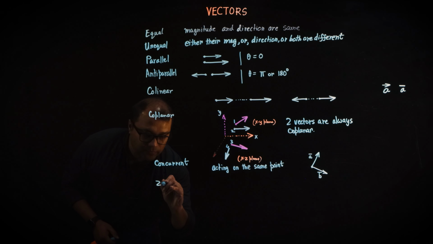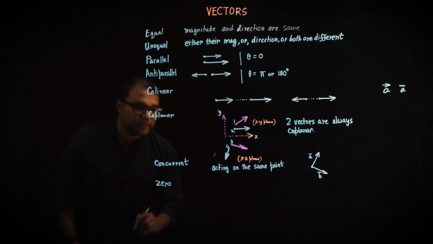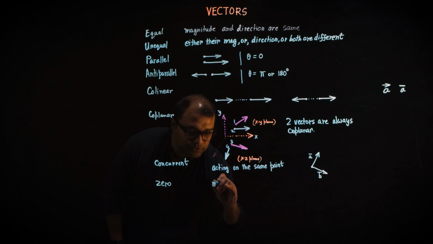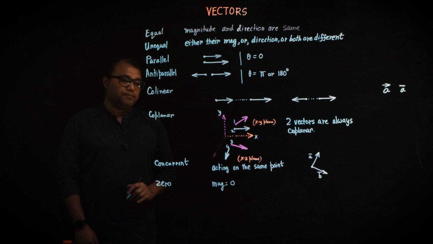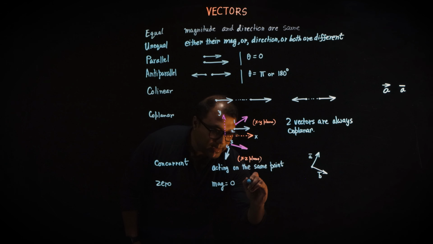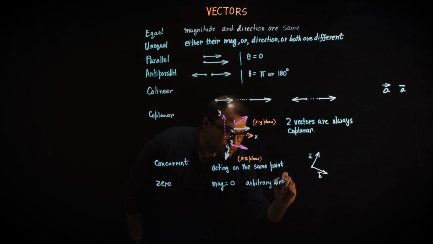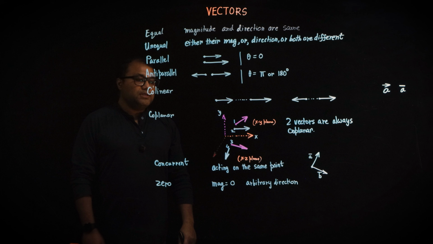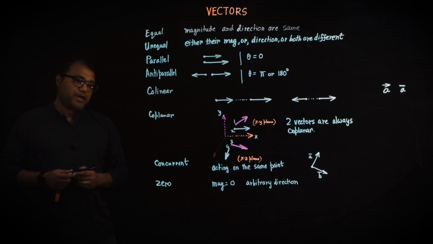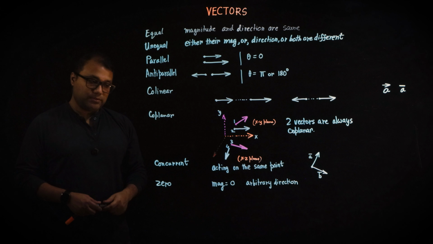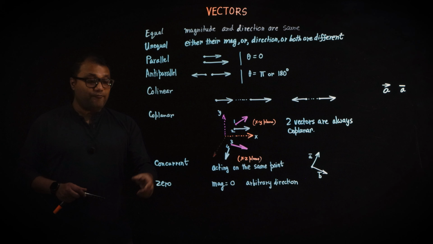Then we have zero vectors. What are zero vectors? Zero vectors have magnitude 0. What about direction? Direction can be any arbitrary direction, because magnitude is 0, so direction does not matter. Those are zero vectors. It is still a vector quantity.